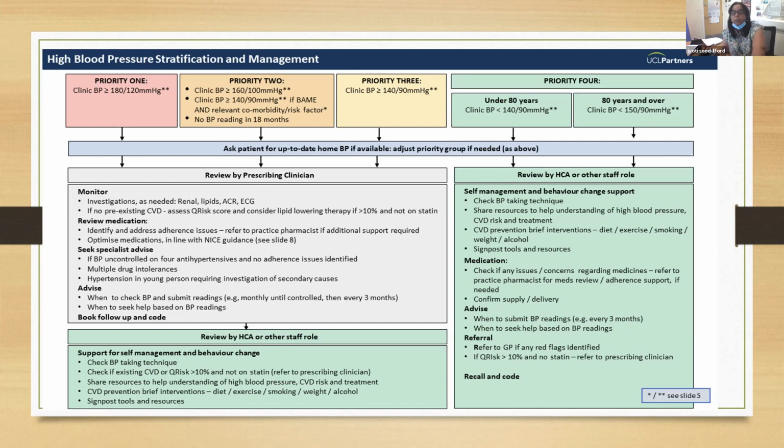So hold that thought. And then once you feel the patient's blood pressure is well controlled, all the parameters are fine, they stay in the green group. If you feel actually, no, the blood pressure has now started to go up, or they're non-compliant, or I can't work out, the blood pressure is all over the place, then you shift them into either of the other groups.